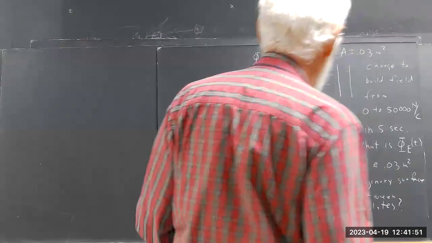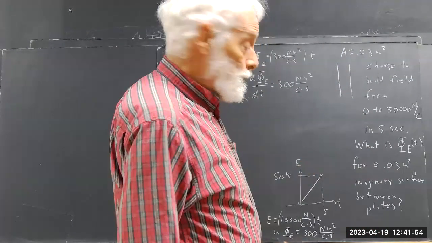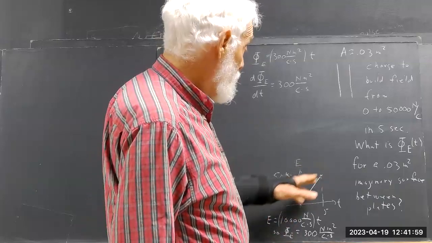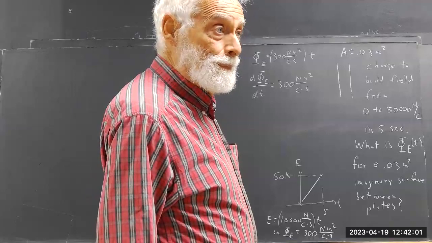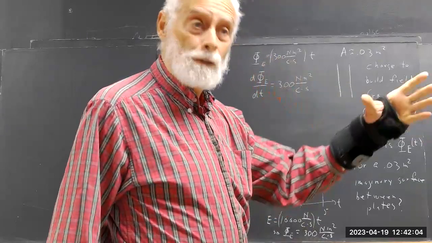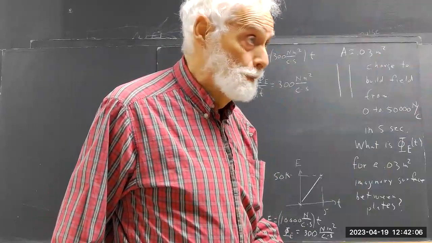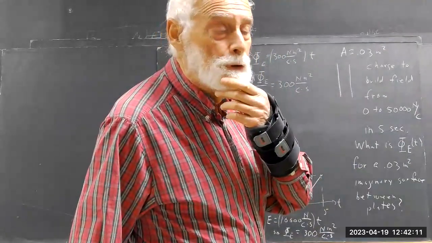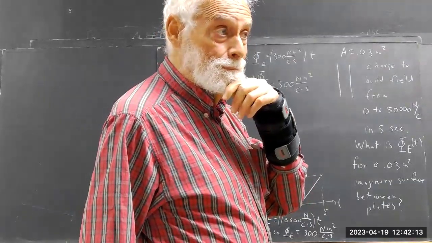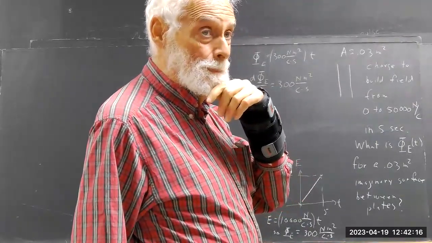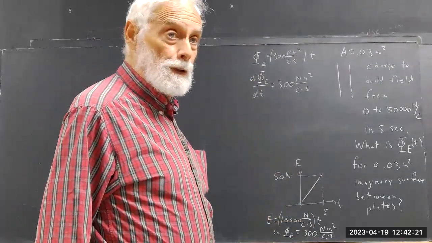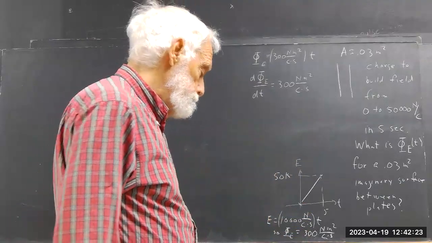Now we could have a more complicated question. We could think this probably goes like this. So you get a much more rapid increase down here at the beginning than you do at the end. Okay. Then, of course, when the spark flies, it all goes to zero very, very quickly, right? Okay, so this should produce a magnetic field. This change in electric flux should produce a magnetic field.